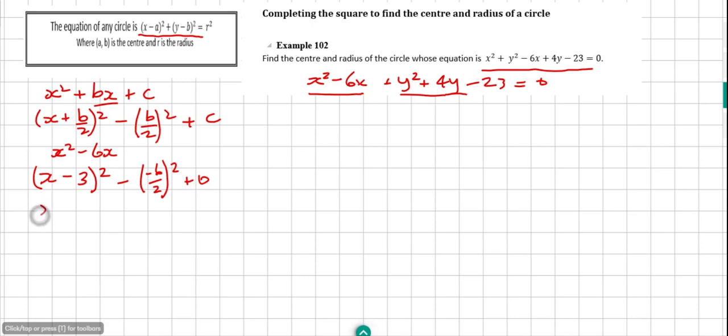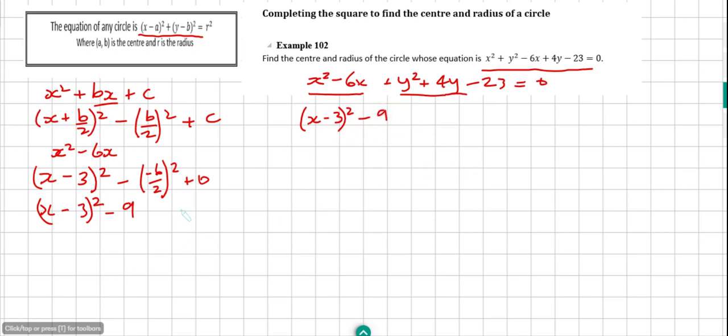So what we'll get is (x − 3)², and then −6/2 is −3. If I square that, I'll get 9, but we're taking that away, so it's −9. So for the x² − 6x, I can write (x − 3)² − 9.